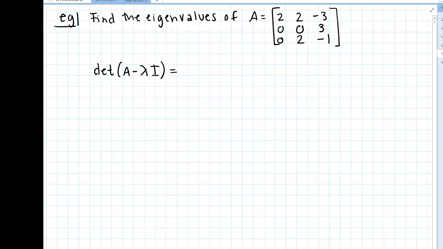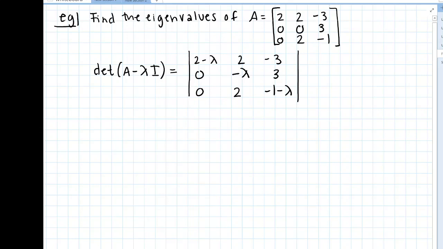We're doing our matrix A, and then subtracting lambda times the identity, and really all that's going to do is subtract lambda from each of the diagonal entries. So I'll have 2 minus lambda, 2, negative 3, 0, negative lambda, 3, 0, 2, negative 1 minus lambda.